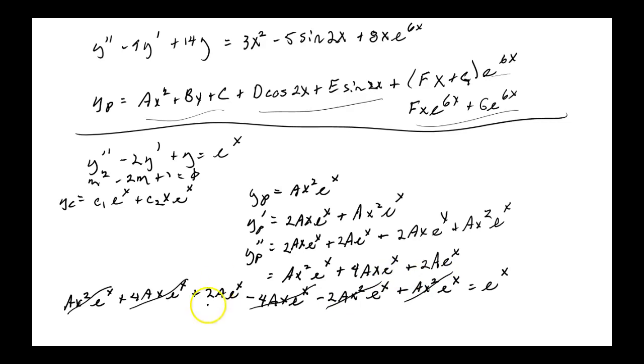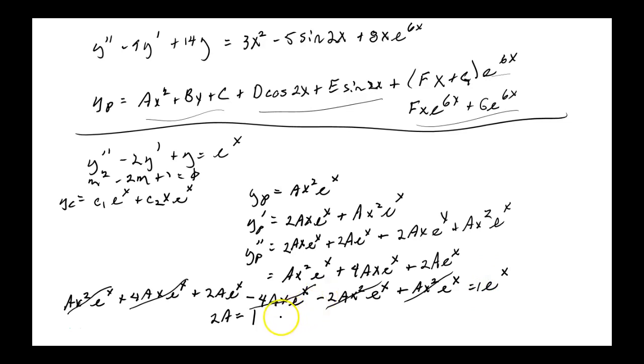Those go away, and that leaves us 2a is equal to what? No, just 1. I left off the e to the x in it. Okay, I just looked at the coefficients. 2a has to be equal to 1, right?